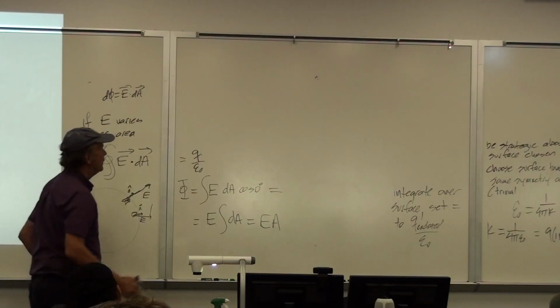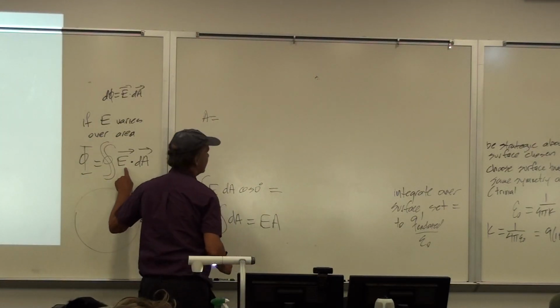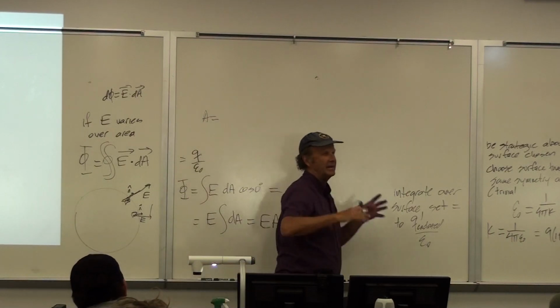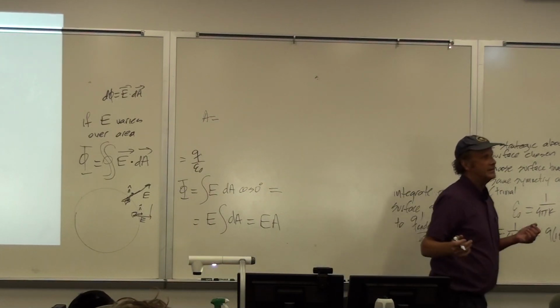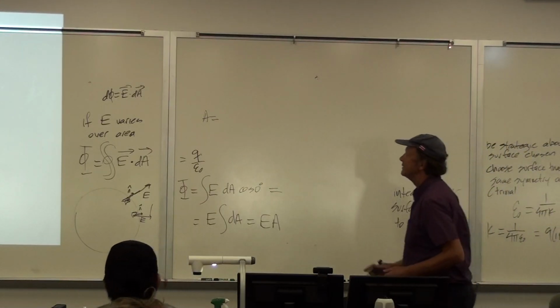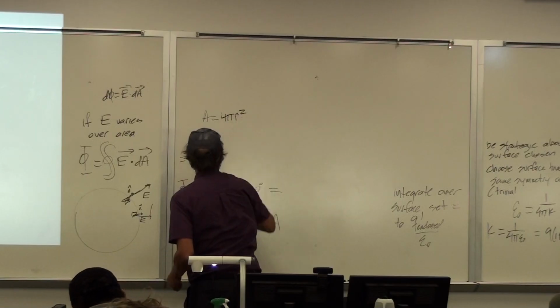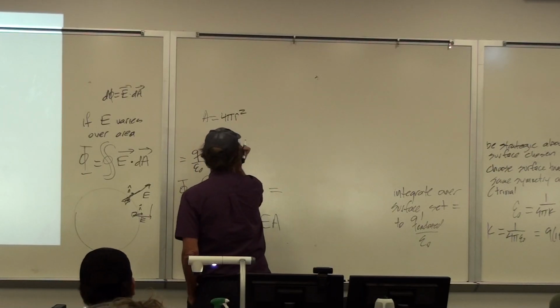What's A? Well, A is the surface area for a sphere. Now, it's a double integral here, so we could integrate that, you know, r, dr, d theta, all that stuff, but we know what that is, right? It's 4 pi r squared. So that's the surface area of a sphere.